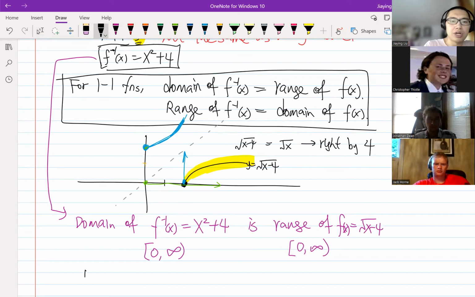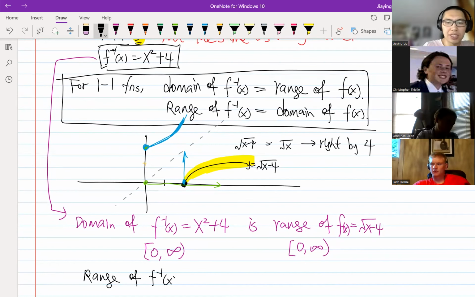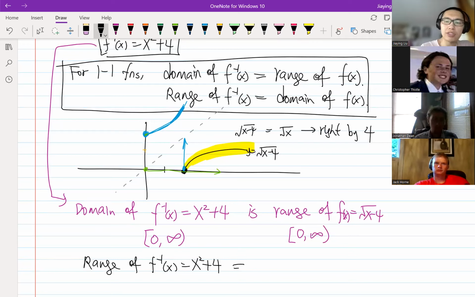Now, what about the range of f inverse of x equals x squared plus 4? Well, normally x squared plus 4 goes from 4 to infinity. Let's check if that's true in this case. Well, that should equal the domain of f of x equals square root of x minus 4.